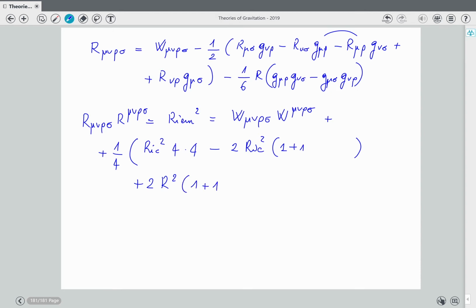So we have another contribution like that. Then you have the double product of these two, and that is a Ricci squared. Finally, you have the double product of the last two, and that is again a Ricci squared, minus 2.